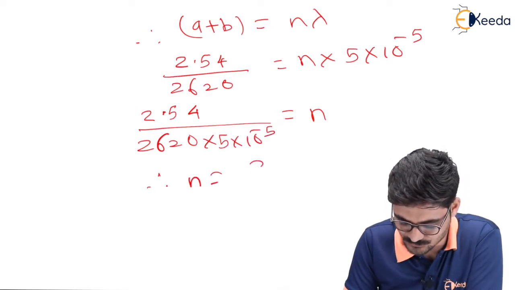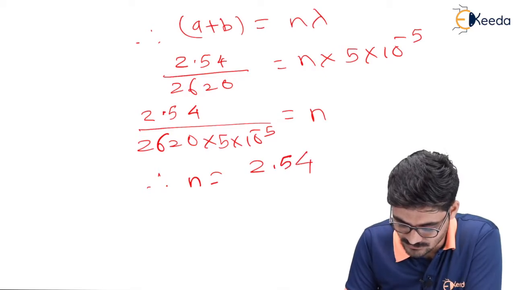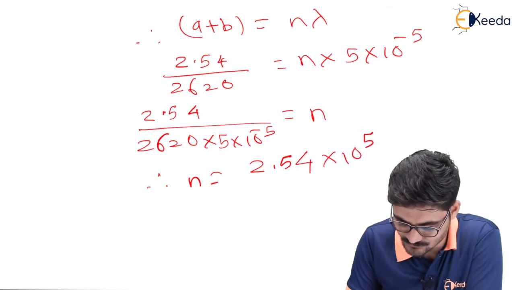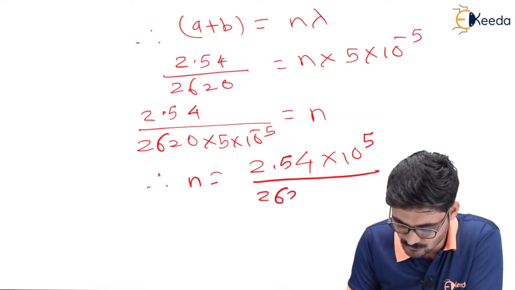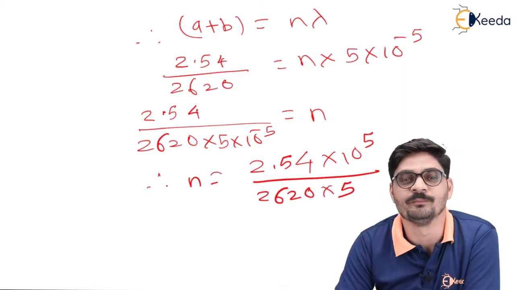Therefore n is equal to 2.54, and 10 raised to 5 comes up, so into 10 raised to plus 5, divided by 2620 into 5.